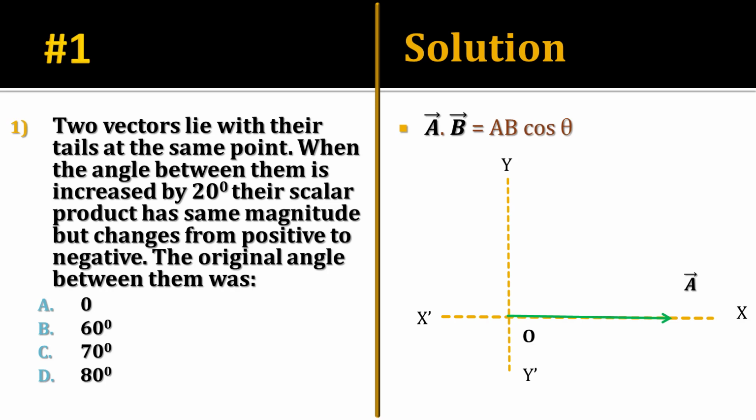Okay, if we calculate the result with the help of a calculator, then for cos of 80 the result is positive, that is 0.174, and cos of 100 is minus 0.174.